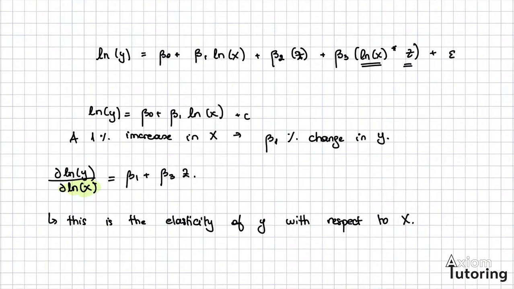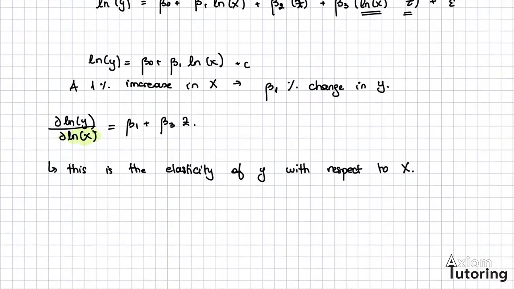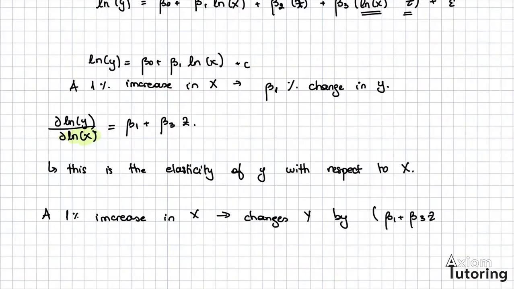In terms of interpretation, we're going to have the usual ones, but we're going to say a 1% increase in x is associated with y changing by beta 1 plus beta 3z, all of these percent.